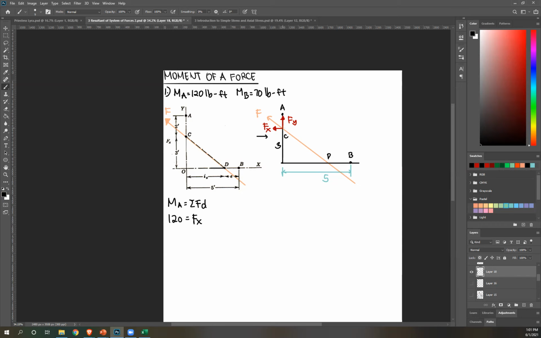The distance of this from point A is this length, which is equal to 2. Times 2. And then once again, Fy passes through A, so you can just ignore that or just write plus 0. From that, I can solve for Fx. Please solve what's Fx.